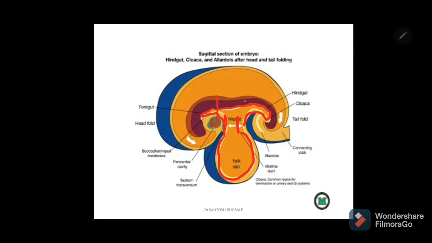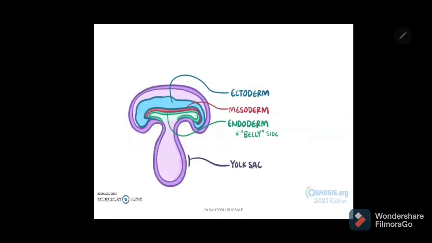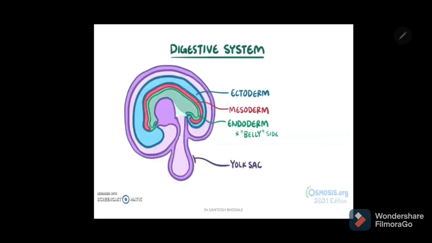Now it is divided into foregut, midgut, and hindgut, which we discussed in detail in the introductory video. Here you can see the flat trilaminar embryonic disc having ectoderm, mesoderm, and endoderm. Here you are seeing the folding in the sagittal plane, head fold and tail fold, and also lateral folds, resulting in the cylindrical embryo containing the dorsal part of the yolk sac that is involved in the formation of the digestive system.